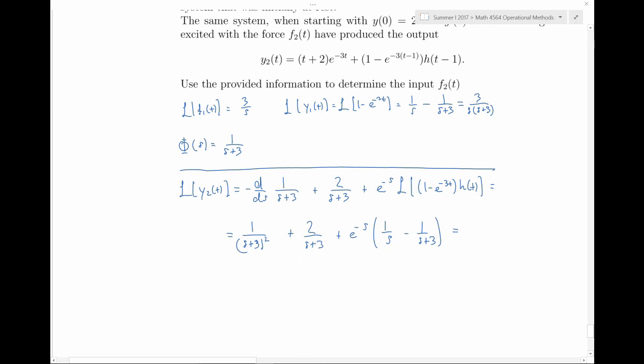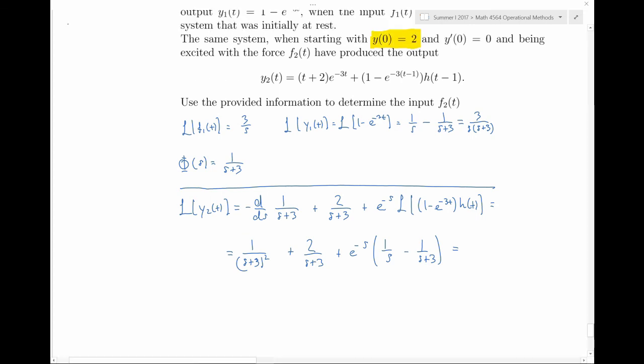We do know that since the function initially started with y0 equals 2, I know that this particular term comes from the initial condition.